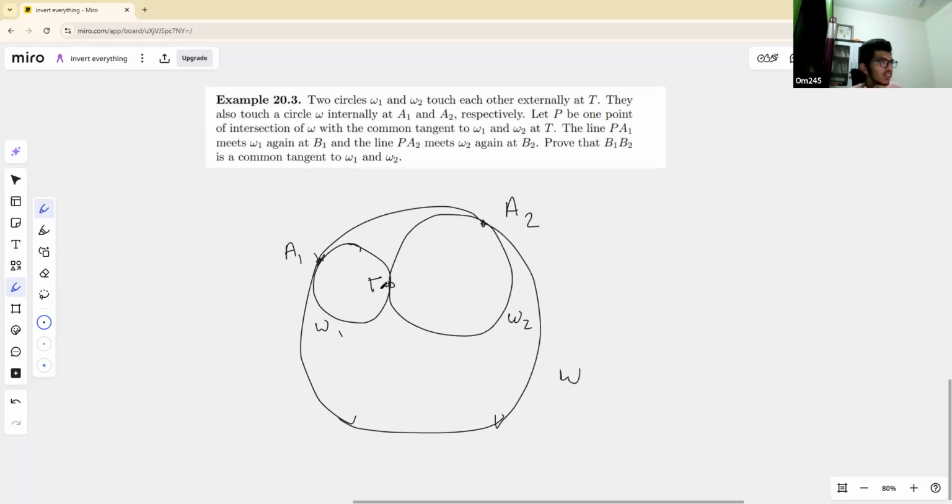And point P is the intersection of the common tangent. So consider the common tangent at P. Then you consider this line, and I'm drawing this variable line. This is B2 and this is B1. And you have to prove that this interesting line is actually tangent.